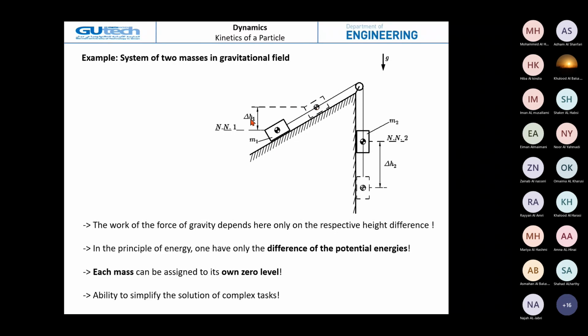We note it by delta h1. The same for the mass m2: this is the initial position, this is the actual position, and the change of distance between the initial and the actual one we note by delta h2.